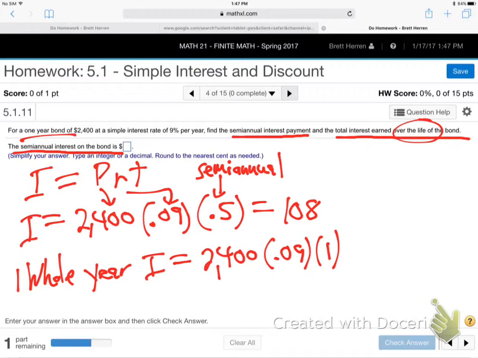So you just do the same thing for 1 whole year instead of half a year. Is that making sense? So the first question is halfway through. The second question is the whole year's interest. And so that's got to be double, doesn't it? Double 108, 216. Interest for the whole year.